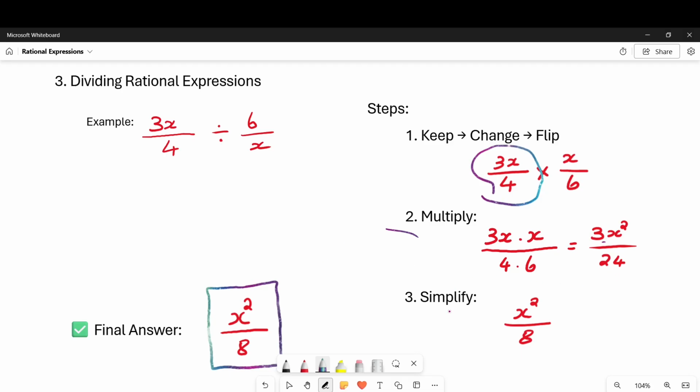Now we simplify 3x squared by 24. 3 and 24 we can cancel out, so we get x squared by 8. The simplified form is x squared by 8. This is how we divide two rational expressions and put them in simplified form.